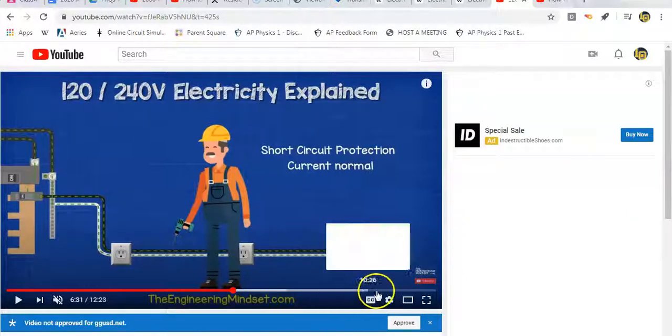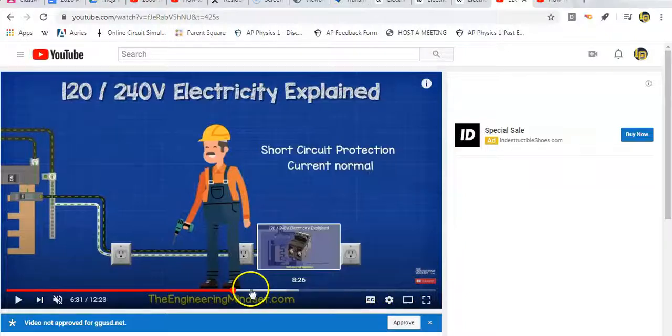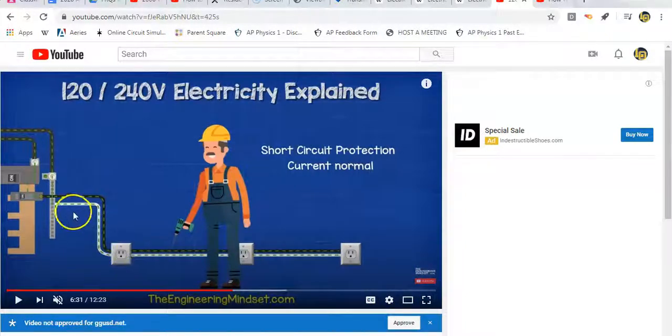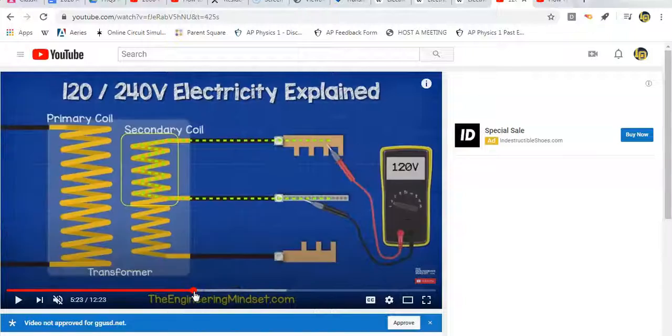It sounds crazy, but it's actually possible for there to be less current through the neutral wire because it can have a current flowing from this loop and a current flowing from this loop. And since the currents want to kind of be, if the current through this wire is going this way, right?